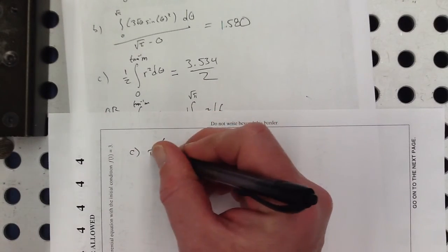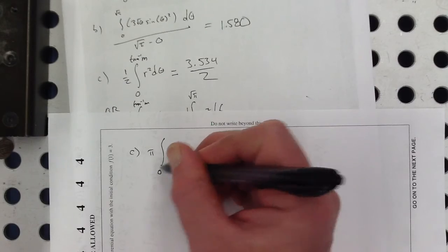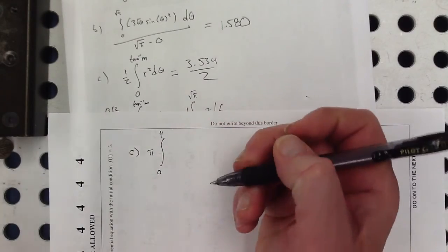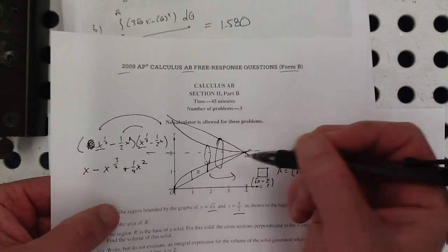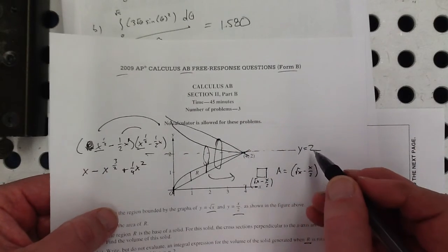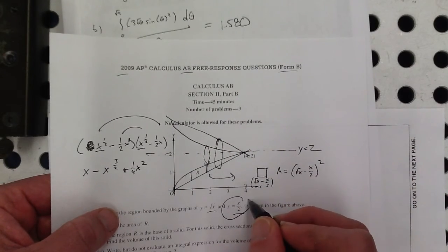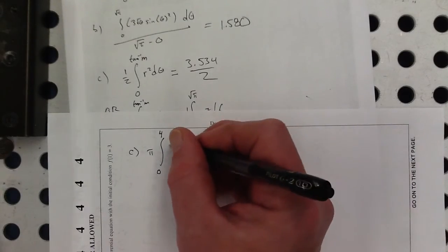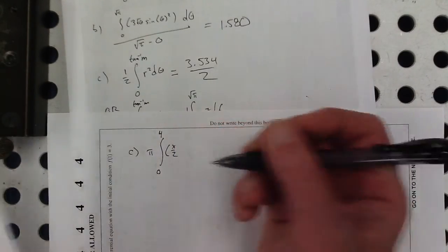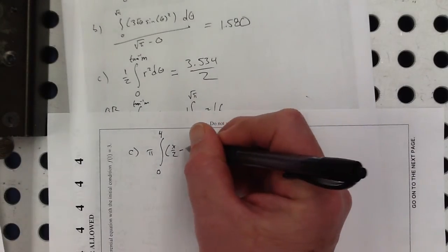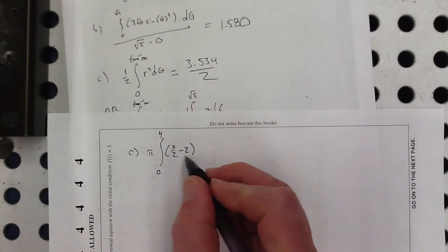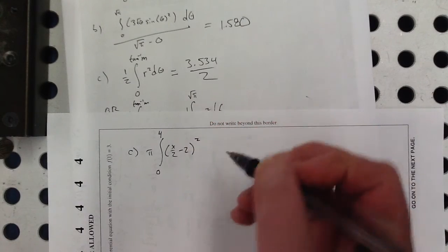We do pi from 0 to 4. And then the outside radius is defined by our line, x over 2, right, because it's the outside of our solid here. And then I shifted by 2, so I'm going to do the minus 2 inside there, squared.